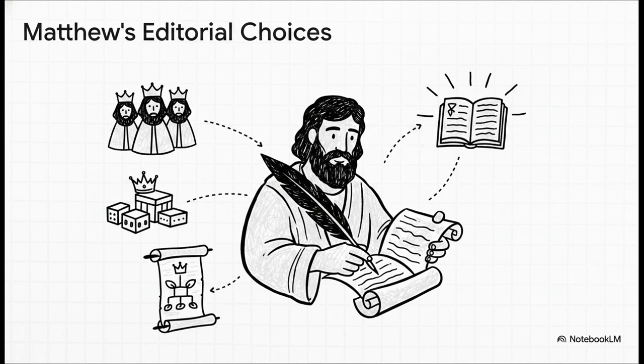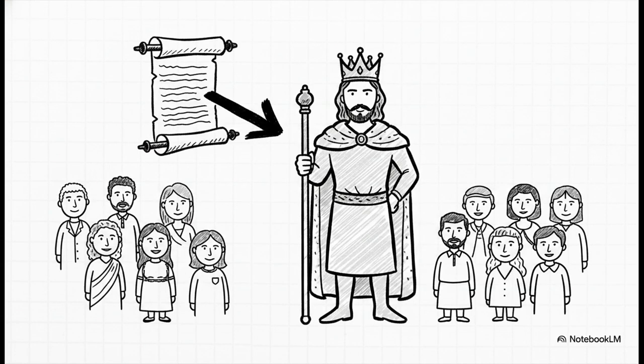You starting to see a pattern here? Yeah, it's pretty clear what Matthew's doing. He's editing all his source material to paint a very specific picture of Jesus. For him, Jesus is the royal Messiah, the king that was promised in all the ancient prophecies. And by bringing in those magi, he's shouting that this king isn't just for the Jewish people, he's for everyone.